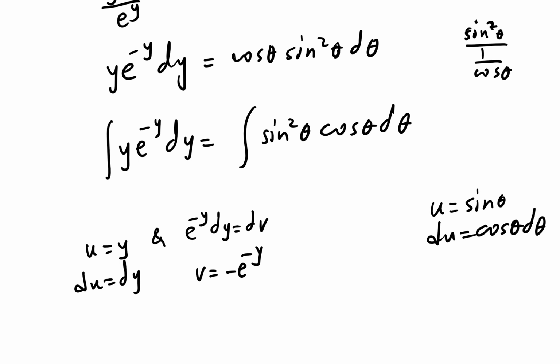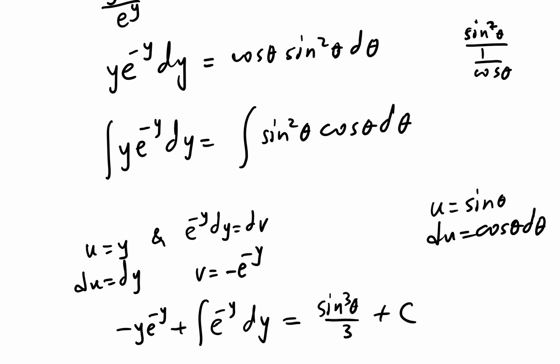And then we do uv, so negative y e to the negative y minus the integral of v du, which becomes positive, equals the other side. It's going to be u squared du, which is u to the third, so sine cubed theta over 3 plus c.